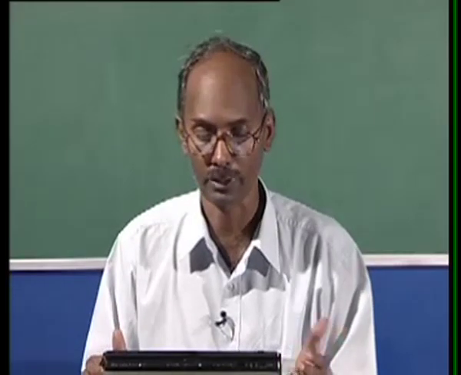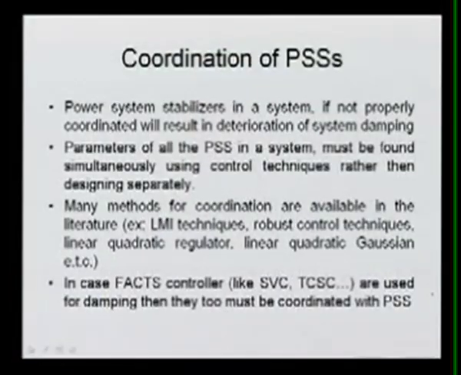Power system stabilizers in a system, if not properly coordinated, will result in deterioration of the system damping, the dynamic performance will deteriorate, and the system may not be stable in several cases. The parameters of all the power system stabilizers in a system must be found simultaneously using control techniques rather than designing separately.